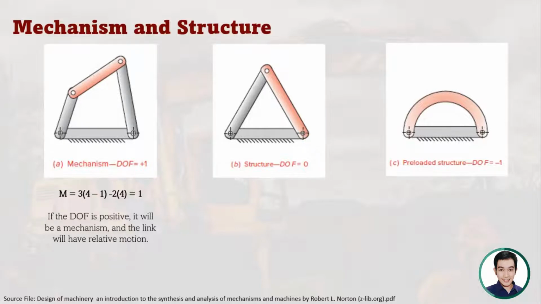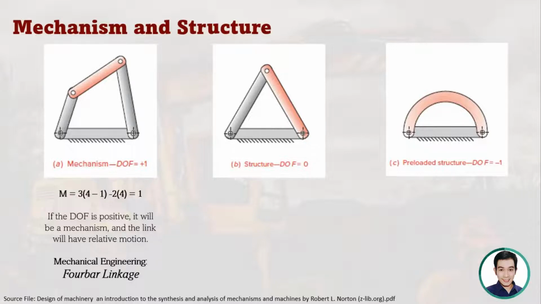Maybe it can rotate or it will oscillate. This is important in mechanical engineering because we want to have motions. Our desire is to have motion. This is particularly what we call the 4-bar linkage.